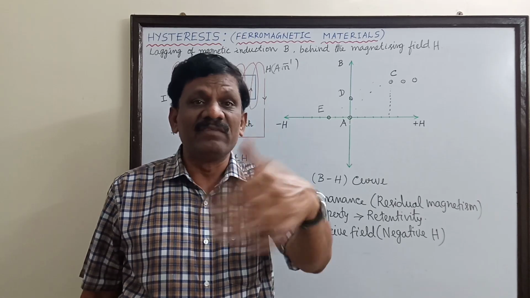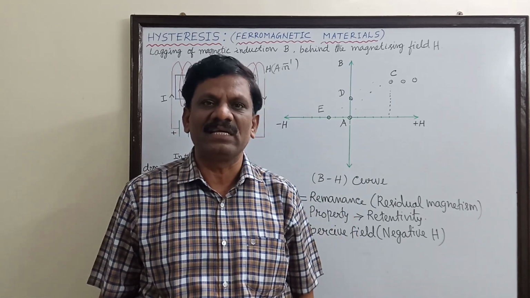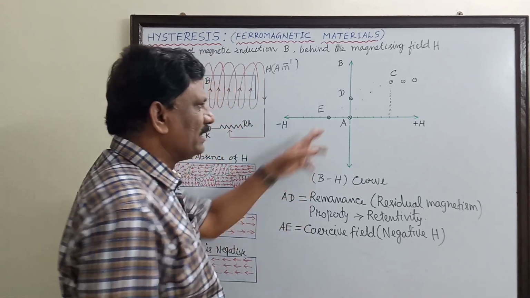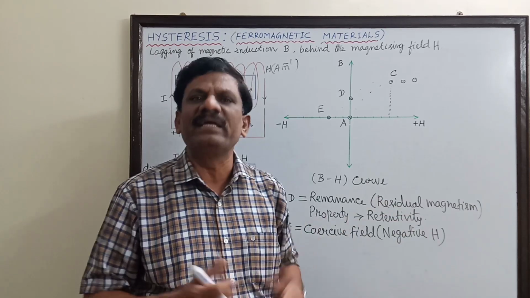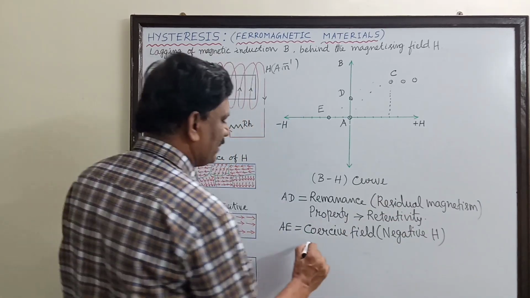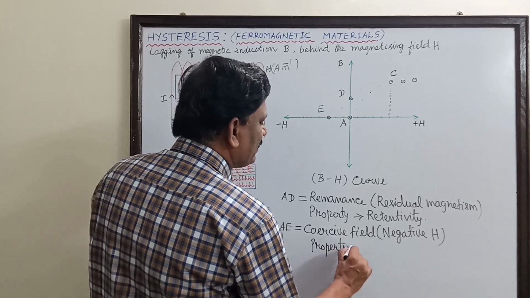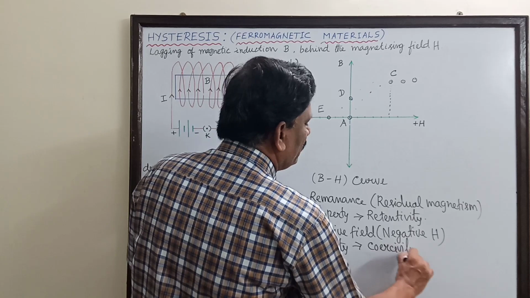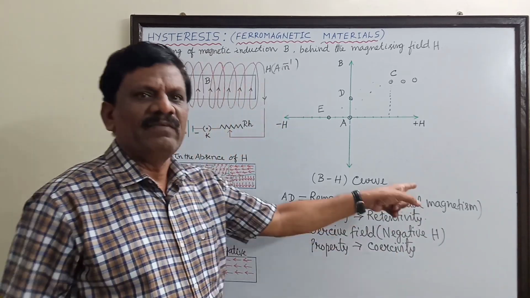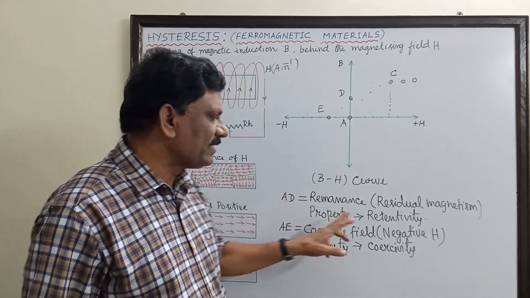It is different for different substances because it depends on the intrinsic property of the substance. That property of the substance, due to which it will give back the magnetic induction by accepting a negative magnetizing field, is called as coercivity. So the property of the substance is called by the name coercivity, and the field which is negative applied to the substance is called as coercive field.